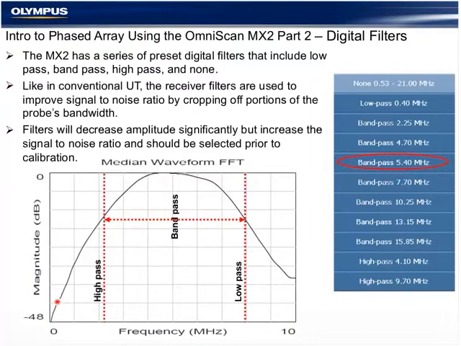Here we see basically a 5 megahertz center frequency of a broadband probe. In this particular filter, we're going to see it crop from about 2.5 or 3 megahertz to about 7.5 or 8 megahertz. So we're using the most useful range of the probe, and no filter would be using the entire bandwidth.